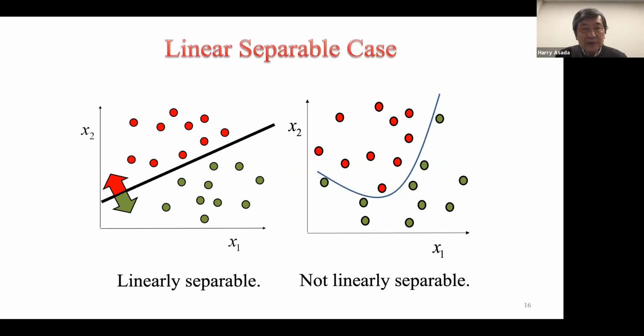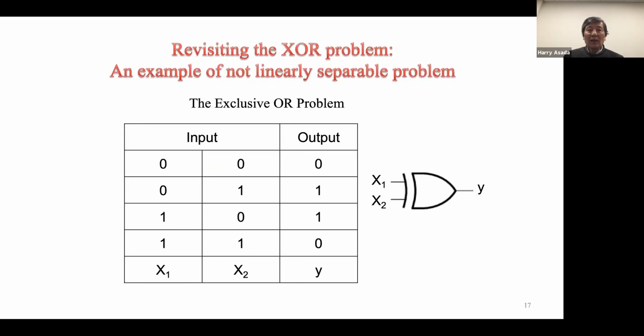Now here's a challenge we have to look at. If these two sets of sample points are separable with a straight line, or in the high dimensional case a hyperplane, that's easy. That's a linearly separable problem. But we did see this kind of situation. No matter how you draw these straight lines, you can't separate these two with hyperplanes. So there's no margin at all, right? That's the problem we faced some time ago.